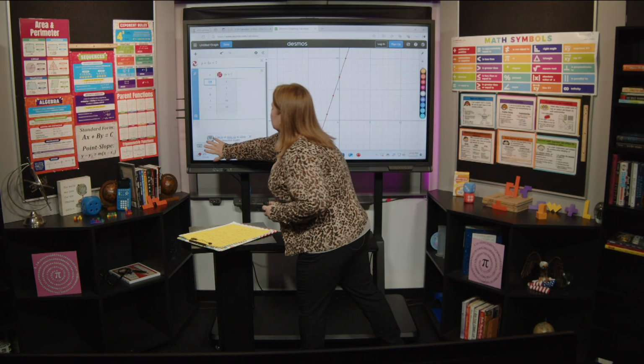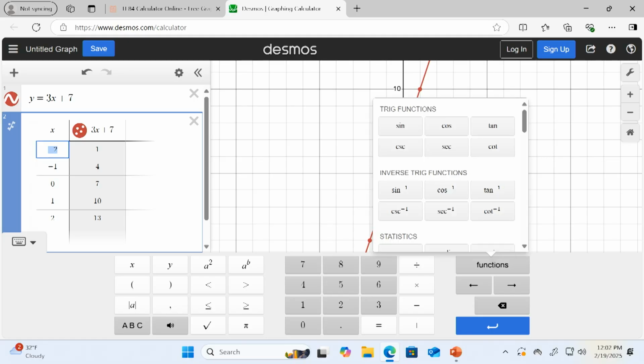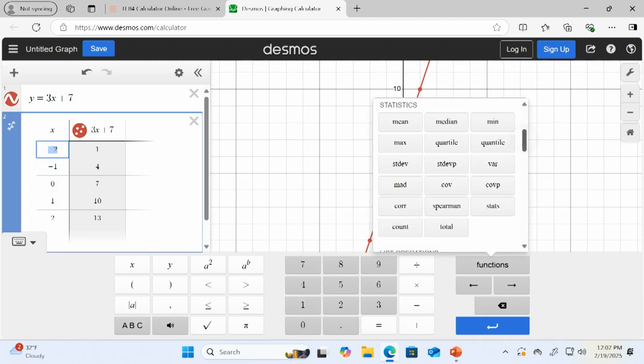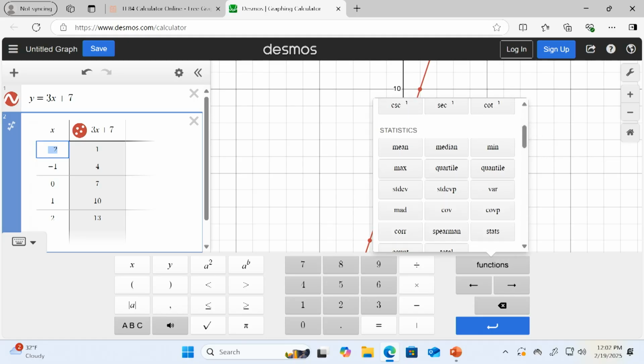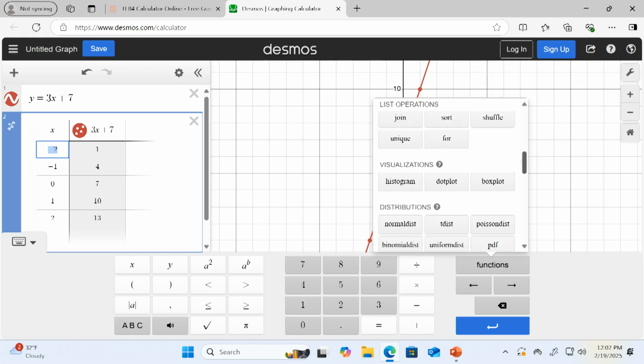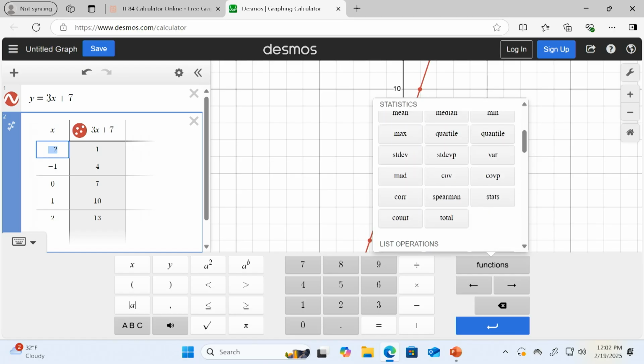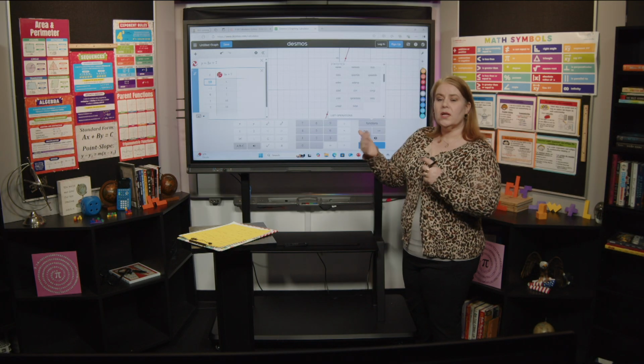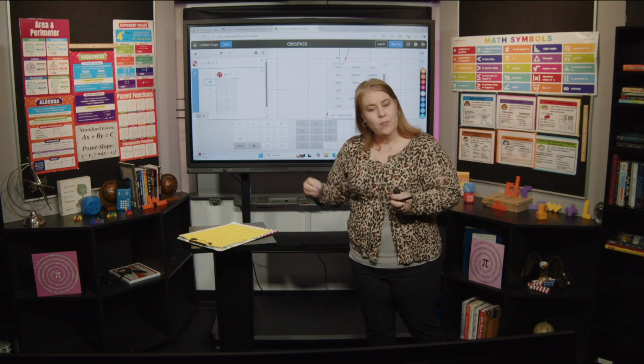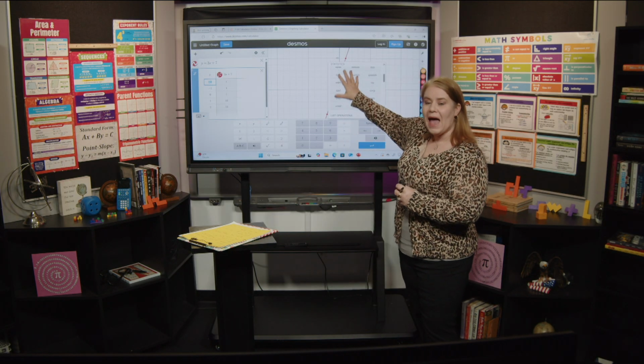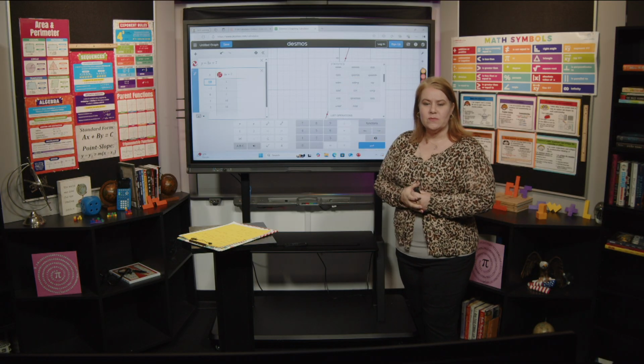We have on this Desmos calculator functions for finding our mean, our median, the max or the min, and the different quartiles. When we get along into our lessons, we're going to look at correlation and causation. Most of these functions, we're going to learn how to do with pencil and paper first, then we're going to see how to put them into Desmos.